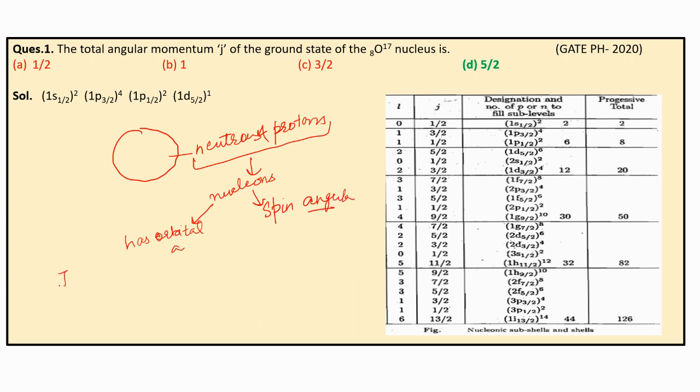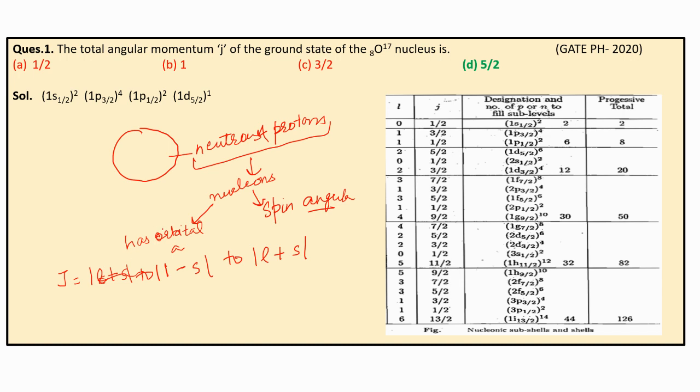So what is total angular momentum? Total angular momentum, you know, it is L minus S to L plus S, right? Okay.